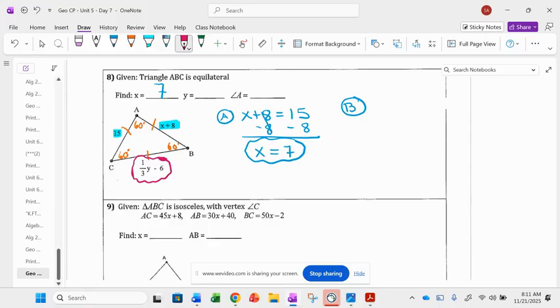I don't want to deal with x's and y's, right? Since all 3 sides are congruent, I can pick and choose which 2 sides I want to use. So I'm going to use the 1/3 y minus 6 and I'm going to use the 15. So now we're going to say 1/3 y minus 6 equals 15.